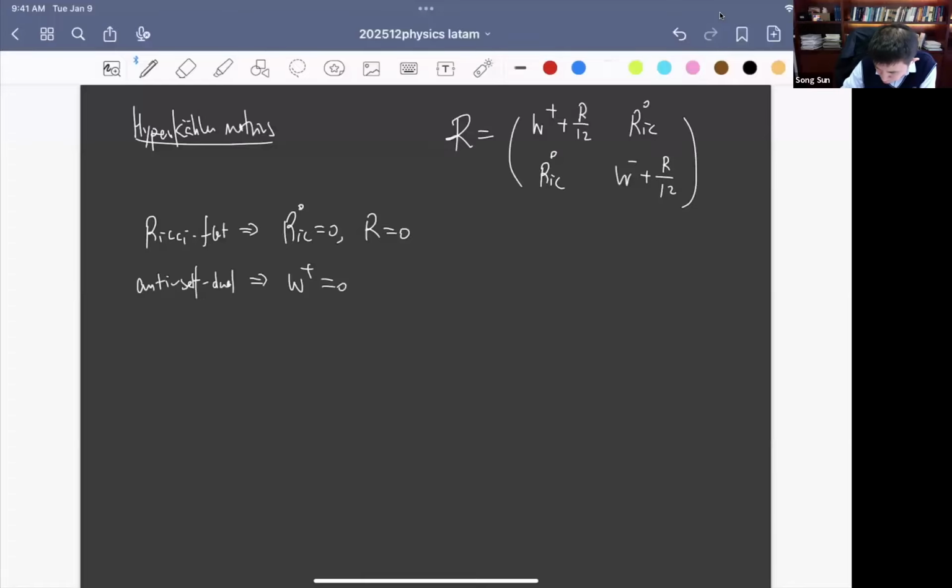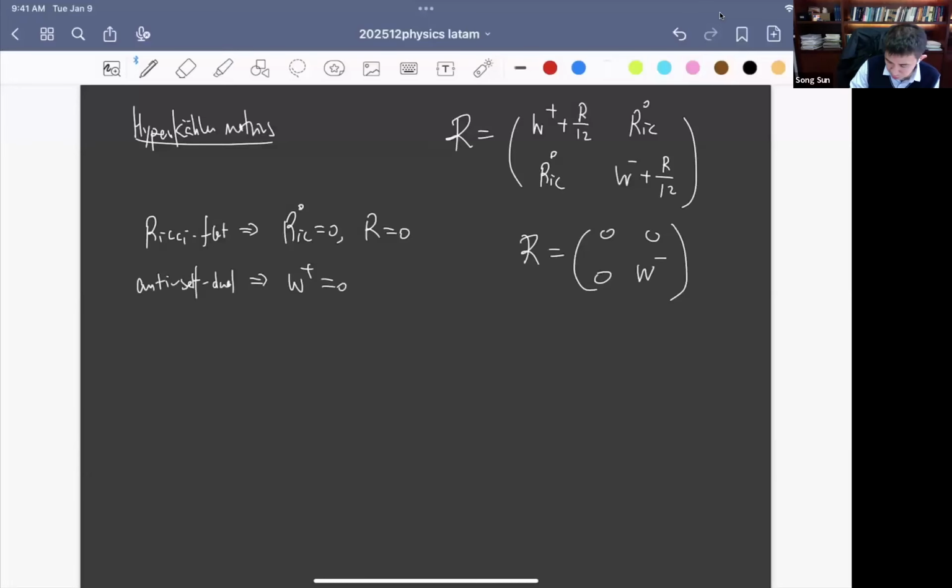then W plus is also 0. Then what's left is just one component. Everything else is 0, 0, 0. It's only W minus. Such metrics, anti-self-dual Ricci-flat metrics, will locally be hyperkähler. Why?